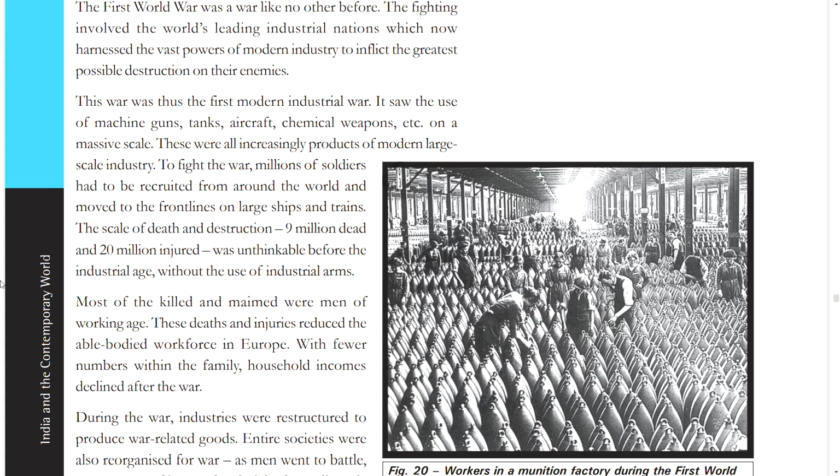Most of the killed and maimed were men of working age. These deaths and injuries reduced the able-bodied workforce in Europe. With fewer earning members within the family households, incomes declined after the war.